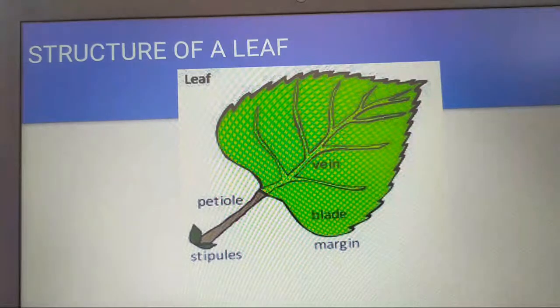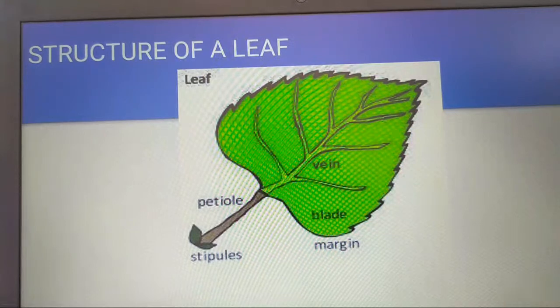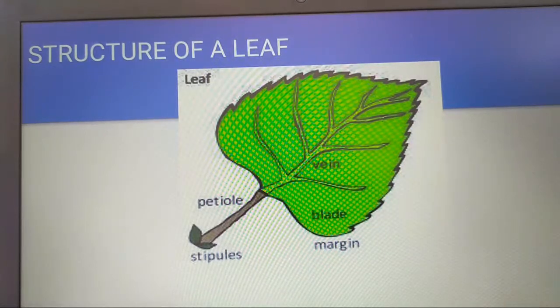So now I think that the different parts of a leaf are clear to you. Now can you describe what is a leaf? A leaf is a thin, flat, and generally green outgrowth which develops from the node present in the stem.